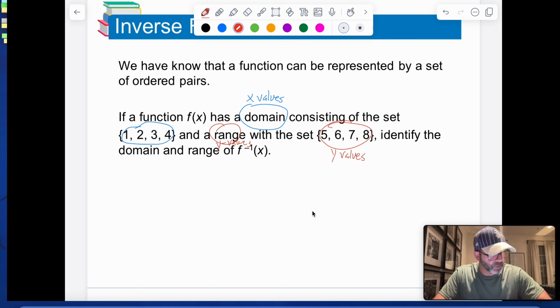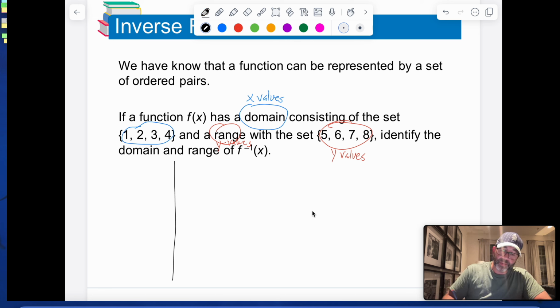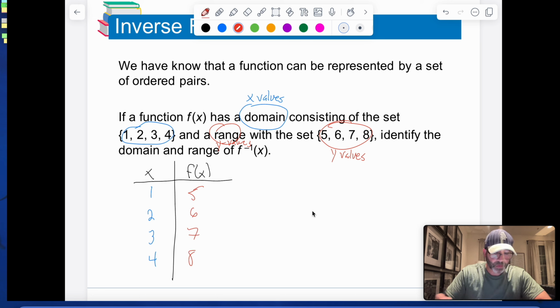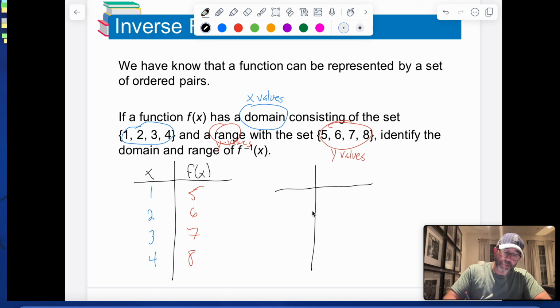Identify the domain and range of the inverse. So this is just practicing doing what we just talked about, how when we take the x and f of x, we are being given the points 1, 2, 3, 4, and then we're given the values 5, 6, 7, and 8. And if I said, let's go ahead and find the inverse of this, you're literally going to take your points and just swap their places.